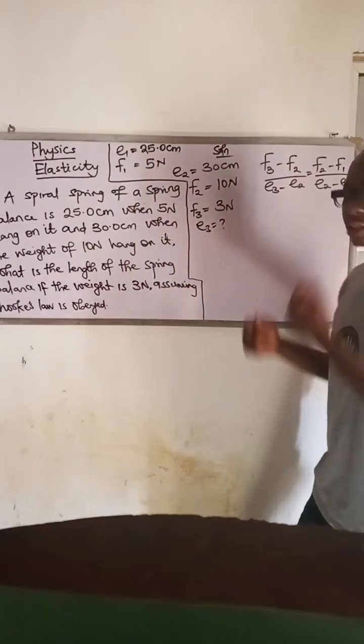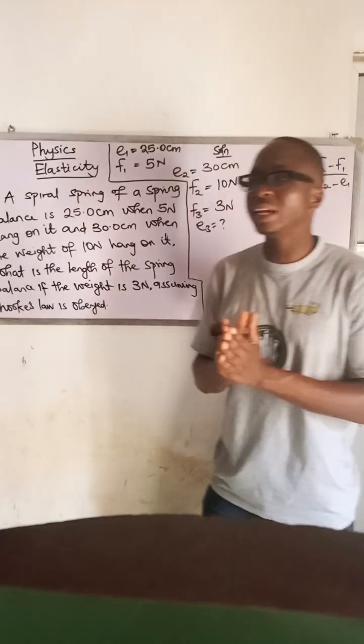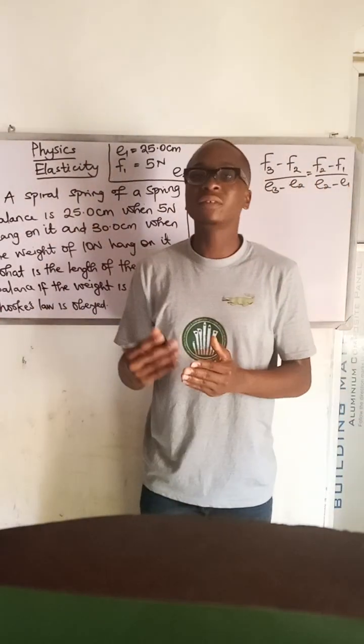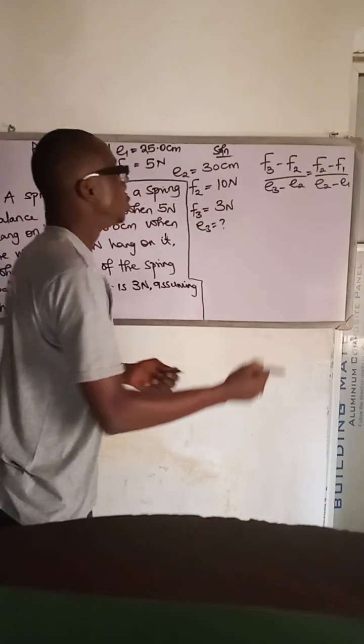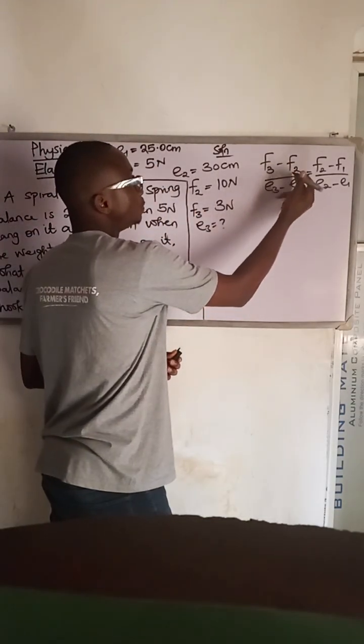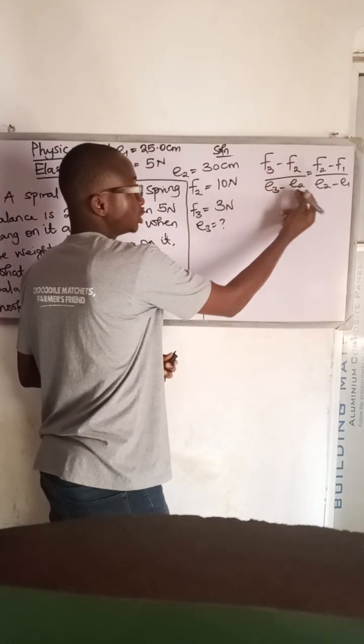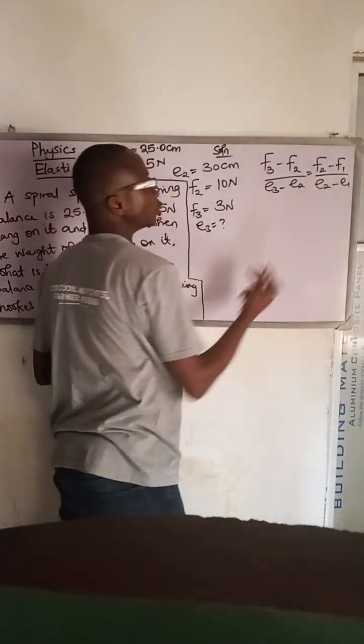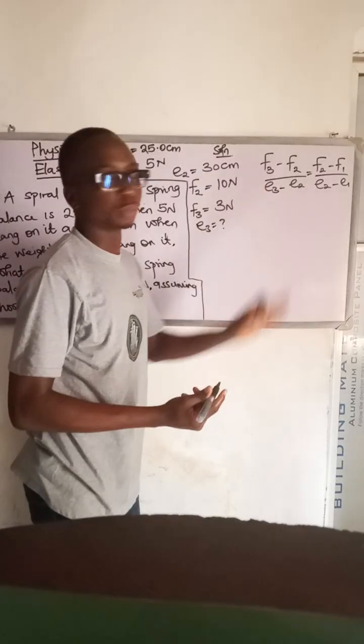The third force is 3 Newton. In the previous videos, I've explained how we solve it when we are given 3 forces or when we are given 3 extensions. Now, we use F3 minus F2 all over E3 minus E2 is equal to F2 minus F1 all over E2 minus E1. With this formula, we just substitute.